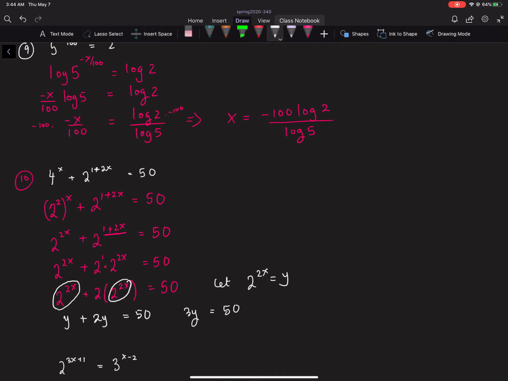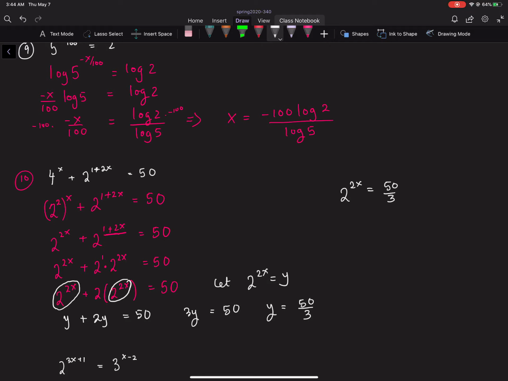To solve for y, we get 50 over 3. But we said that y was 2 to the 2x, so 2 to the 2x is equal to 50 over 3. So now I can solve for x.